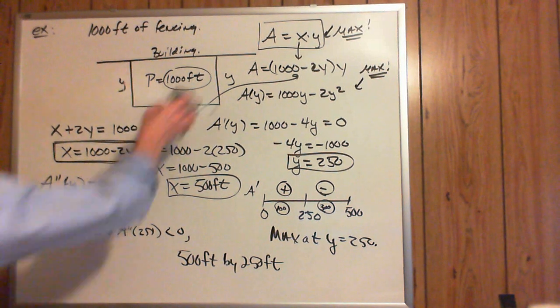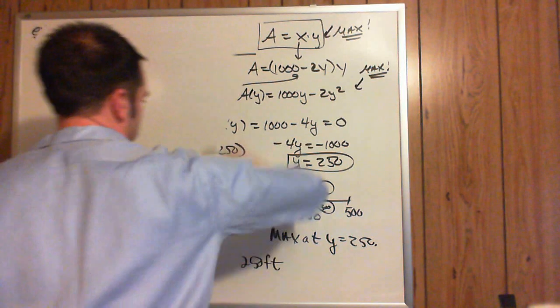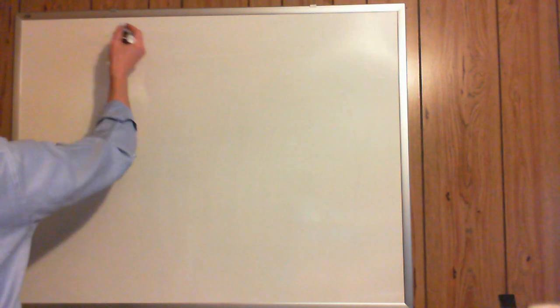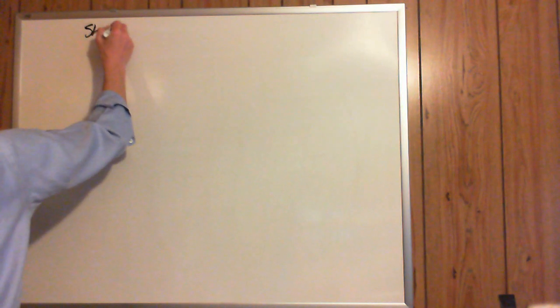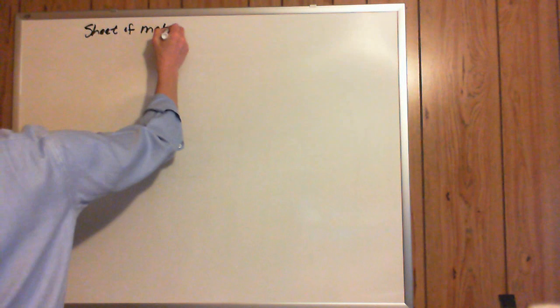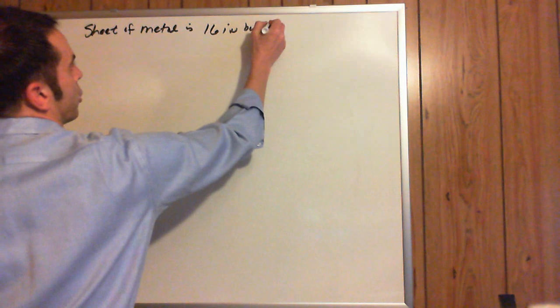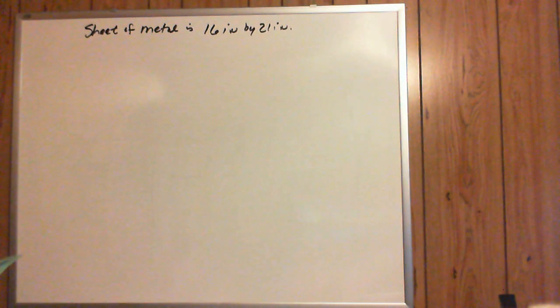will be maximizing volume. So suppose we are given a rectangular sheet of metal, and this sheet of metal is 16 inches by 21 inches, or even a piece of cardboard, which is very similar to a piece of paper.